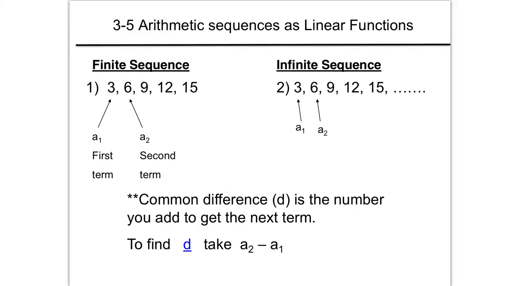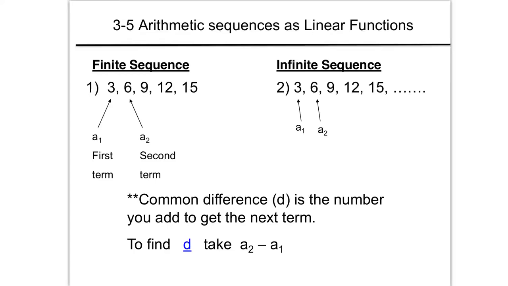But if you're having trouble, you can take this little formula to find the common difference, d. You take the second term and subtract the first one. That works every time. If you take the second term, 6, minus the first one, 6 minus 3 is 3. So that's the number that we're adding every time.